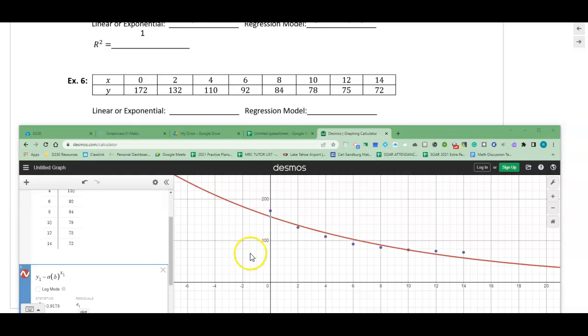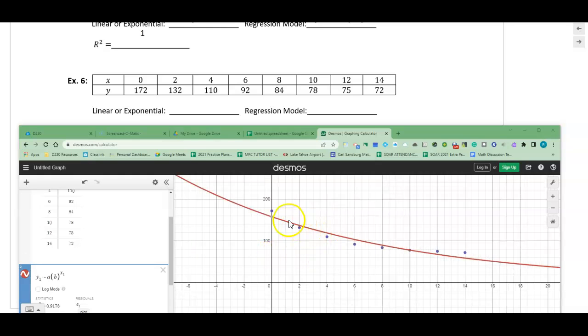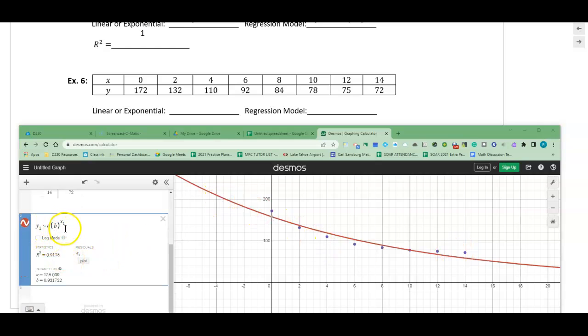So when we look at example 6 real quick, notice the data tends to be exponential decay here. So what I did is I used the exponential regression model, and our r value became close to 1. We're at 0.9178. So the model would be 159.039.